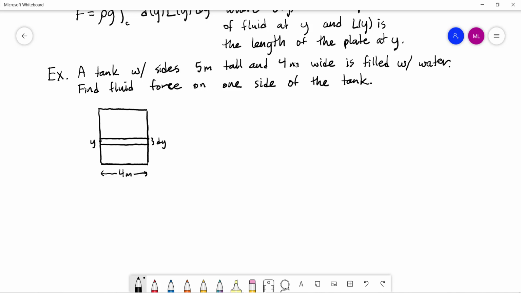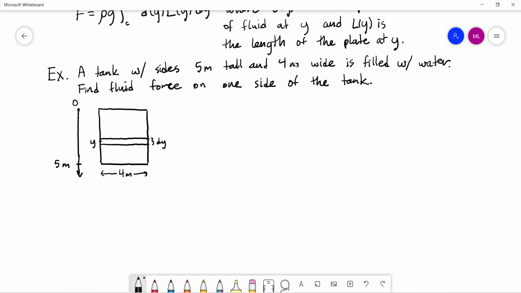And we can decide where we want to put our origin. I'm going to put the origin up here at the top. So this is what I'm going to call 0, and I'm going to have the positive y direction go downward. So down here at this point, that's going to be 5 meters at the bottom. Let me give myself a little more room to draw this out. Right there, that is my 5 meters.